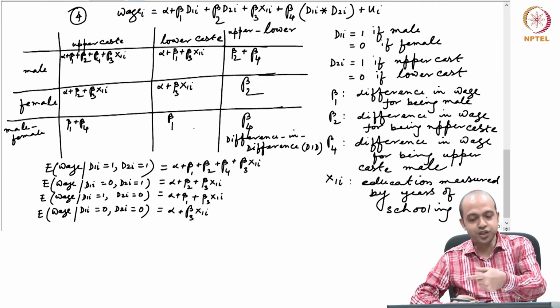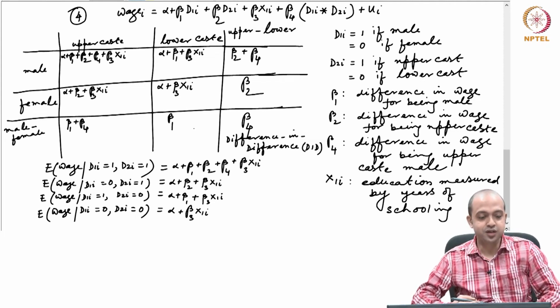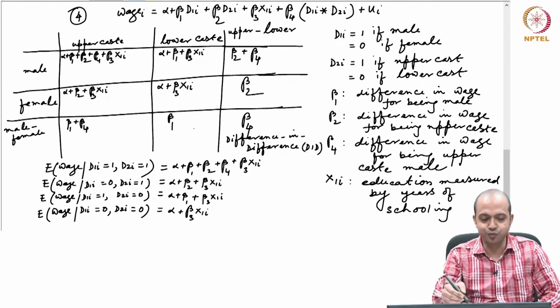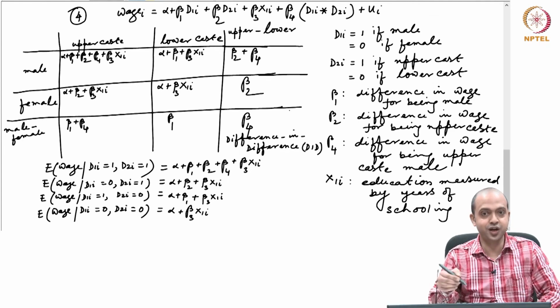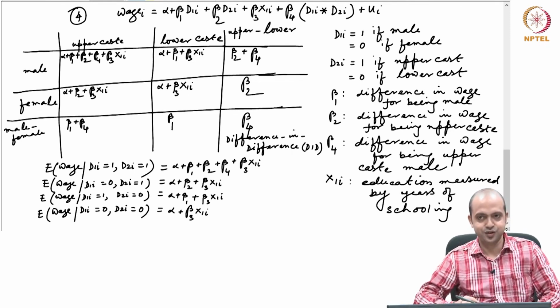Okay? And what is the second interpretation I said? That caste difference for the male, caste difference for the female, and then you are taking again difference. So, difference in caste difference. So, caste gap between male and female.